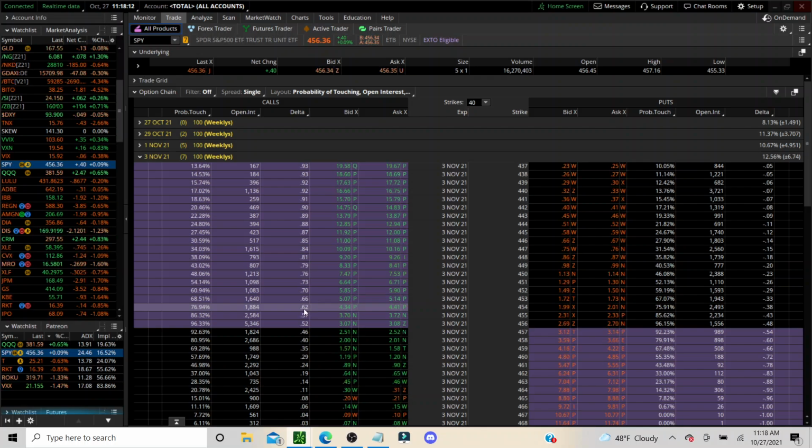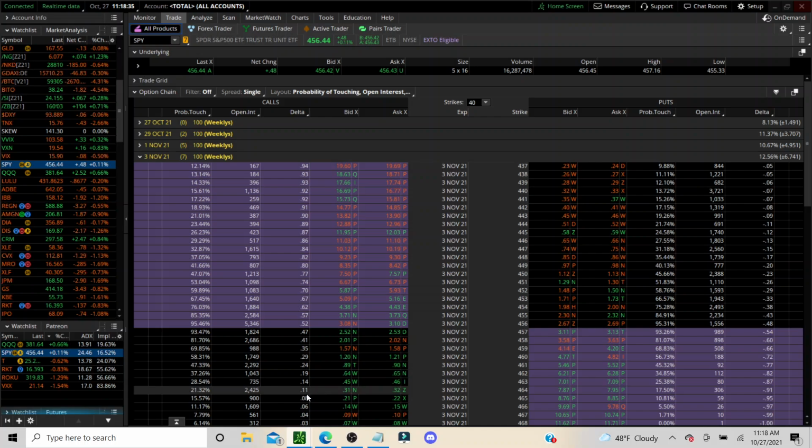For example, the movement of $1 is going to be 62 cents on this options chain. And then as you get deeper in the money, that delta gets higher. So if you're way up here, a $1 movement will give you 92 cents. So $92 in options terms would be 92 cents.